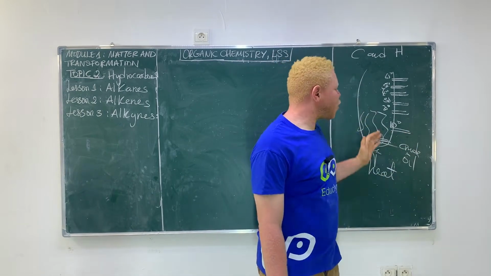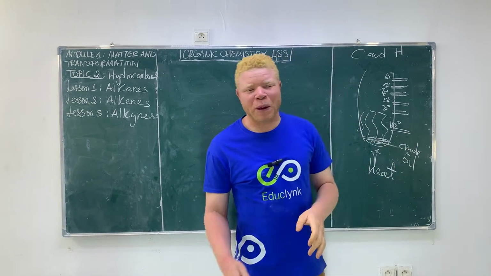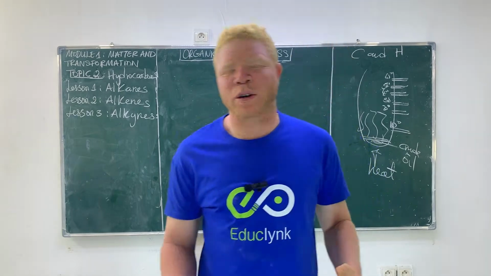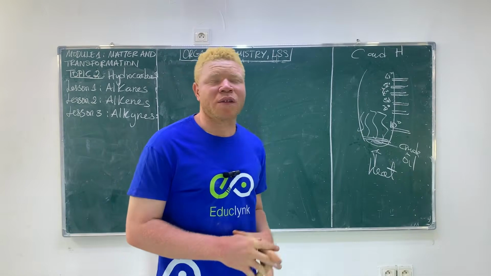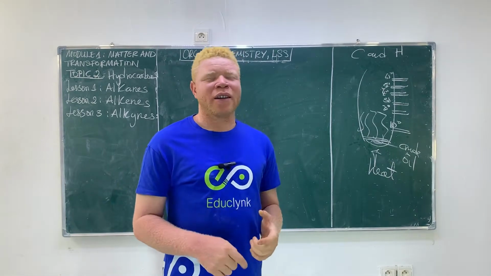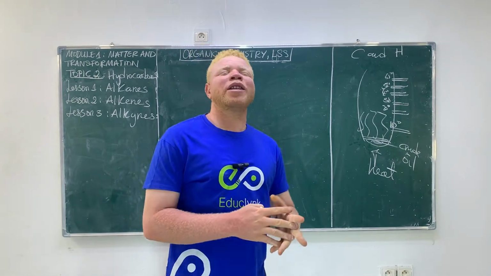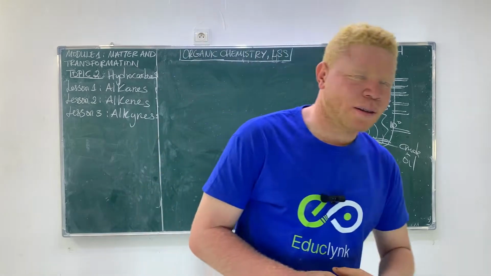So the principle of fractional distillation depends on the boiling points of the various components inside the crude oil. Given that the crude oil has different components, they will be separated into different fractions.